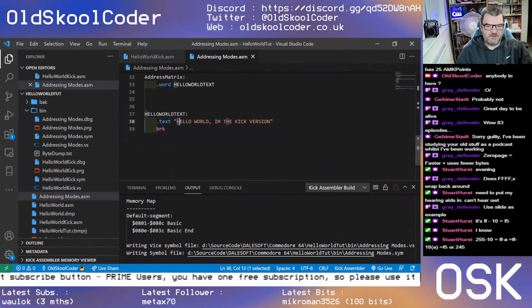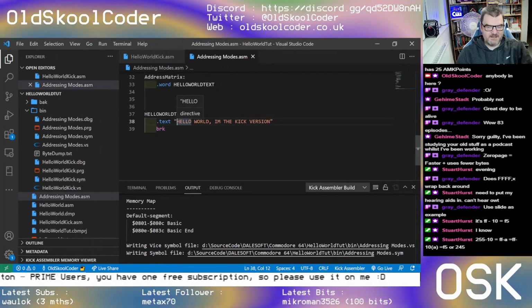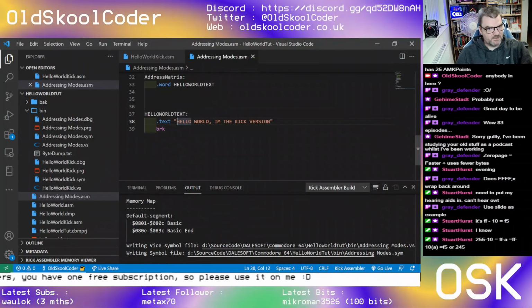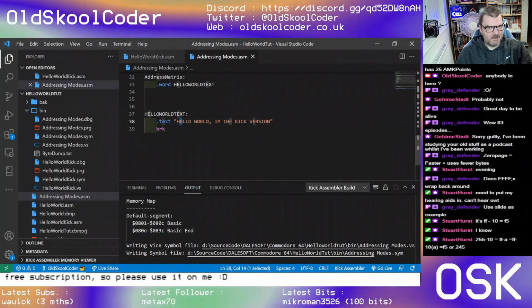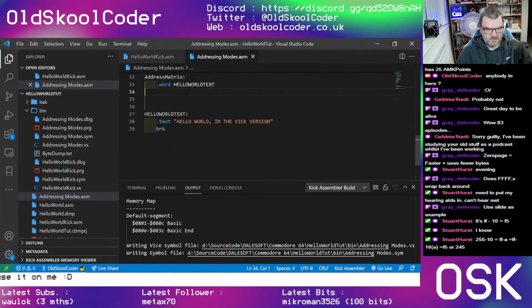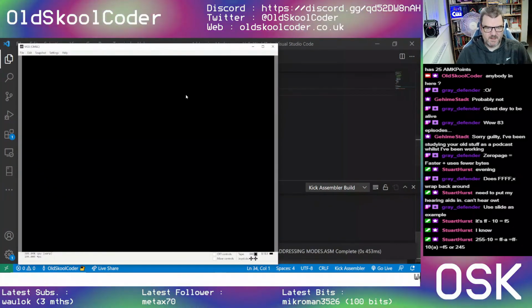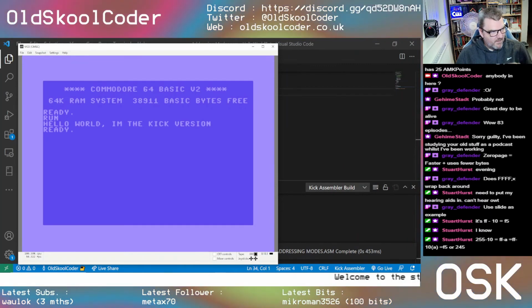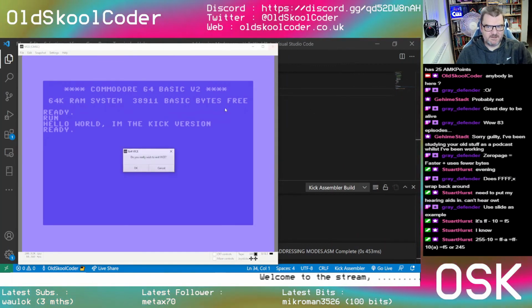But this time, it doesn't look at H, it looks at the base location plus Y, which happens to be 1, then it sees E, prints that out, and then it comes back, and sees L, and prints that out. So we should be able to have the same thing. There we go. That is indirect Y.